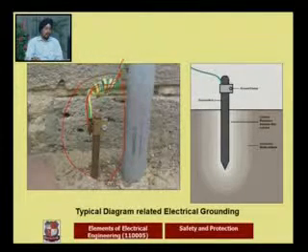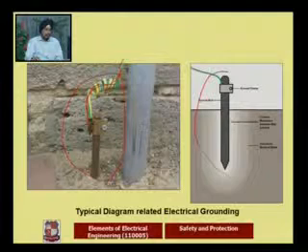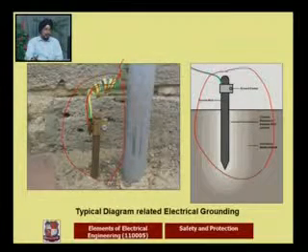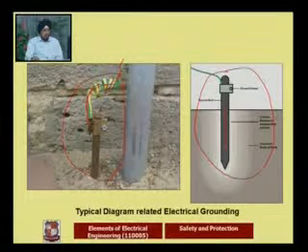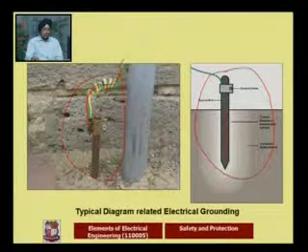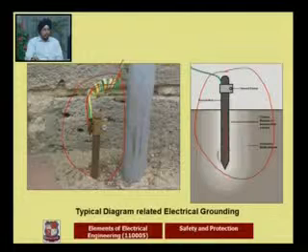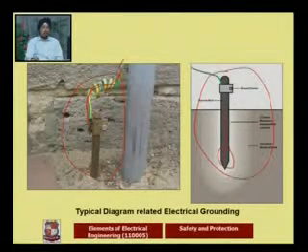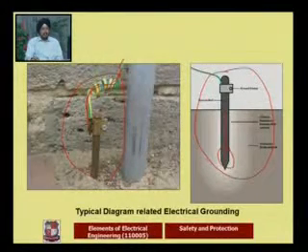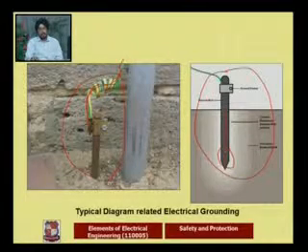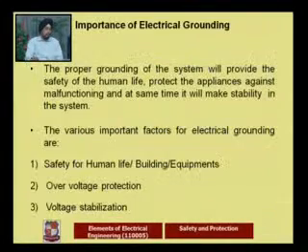The same is shown in this diagram: at the ground side, one rod goes deep into the ground, so that whatever leakage quantity is there goes to the zero potential side.